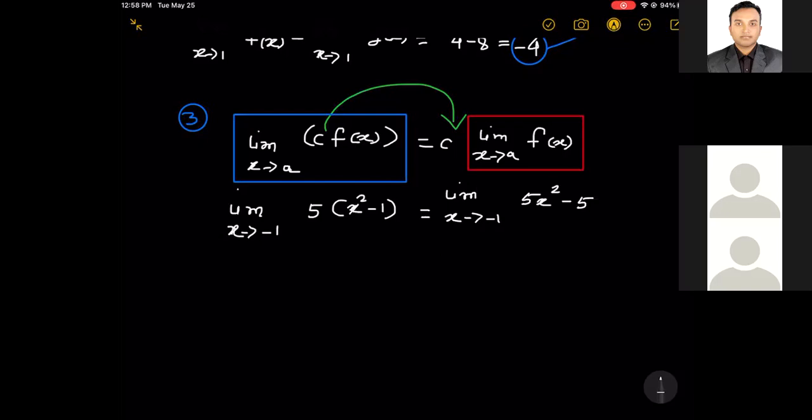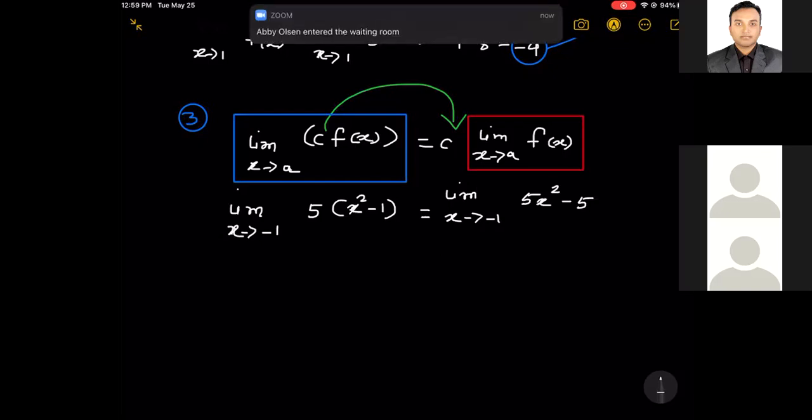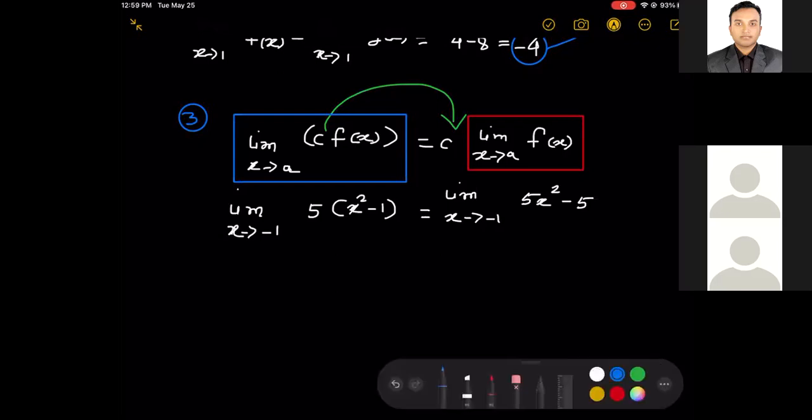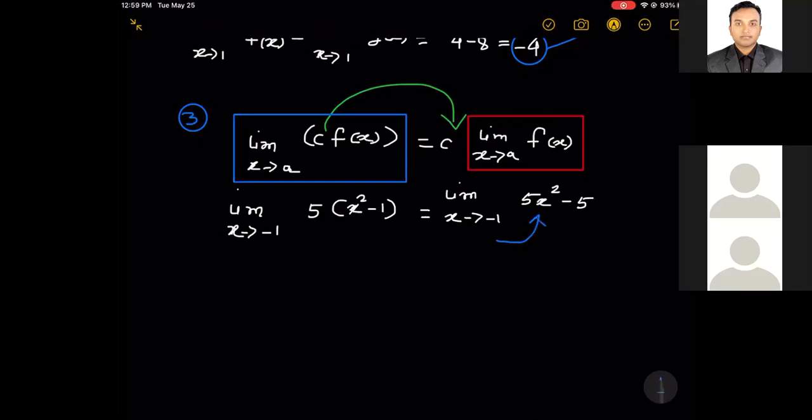In that theorem they didn't mention it, but the truth is it doesn't work only for linear functions. Instead, it actually works for all the functions where plugging in the value keeps your function defined.